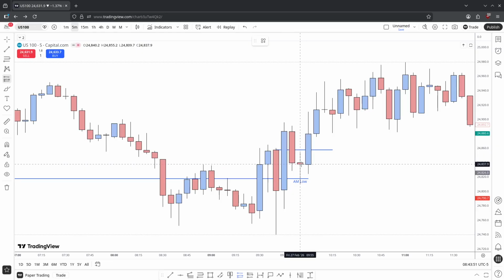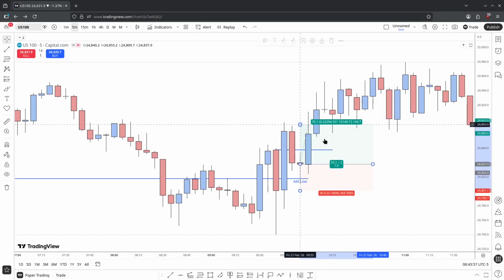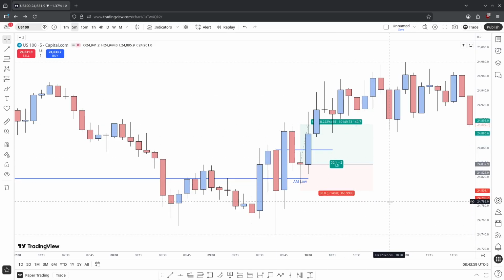Anything inside of this would be valid for a trade. Anything like this up to that would be valid for an entry. I do have to say that we had some really volatile price action, really big moves, trading lower, coming back in. So this pretty much would be your entry here.